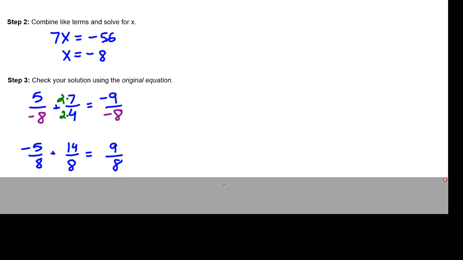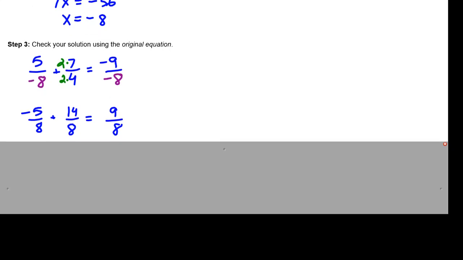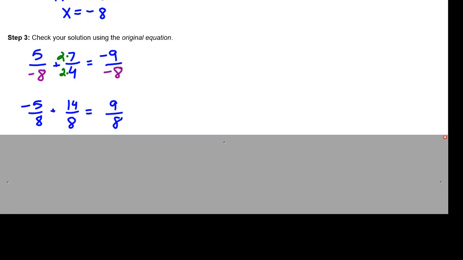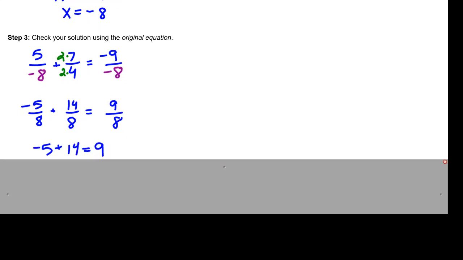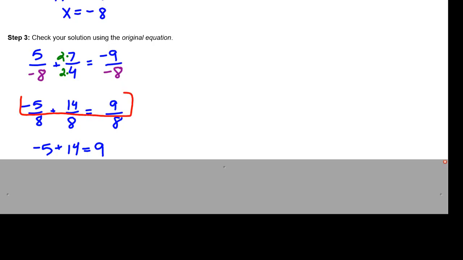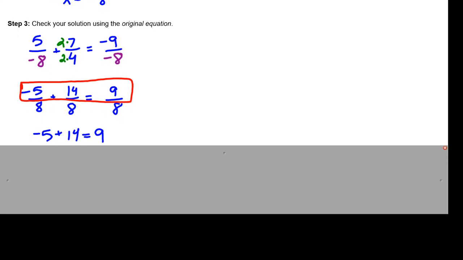Now we have all common denominators. So we can take our numerators, negative 5, 14, and 9, and write that as a separate equation. That is a trick you can do if the denominators are all the same in your equation.